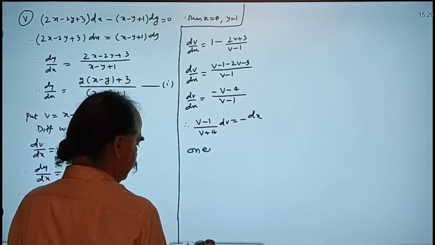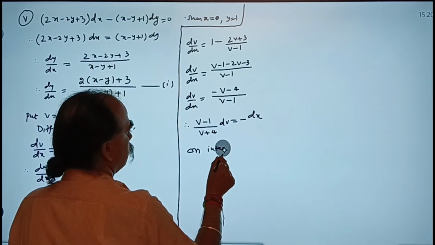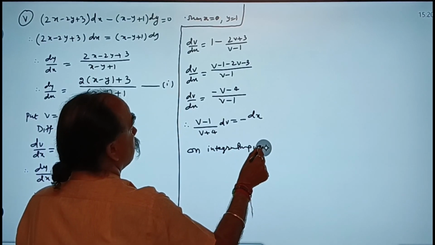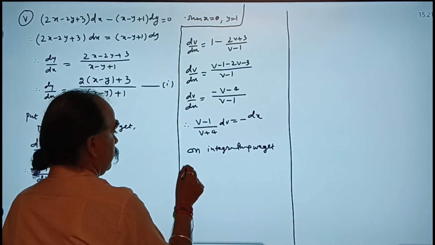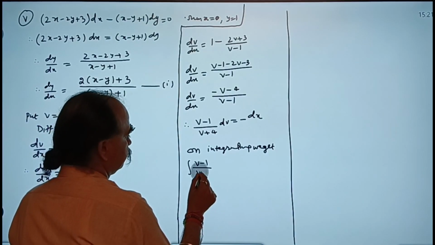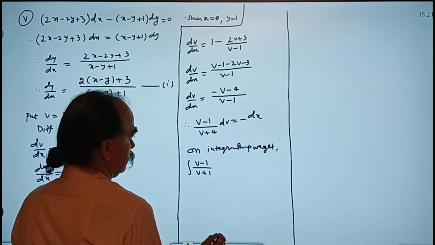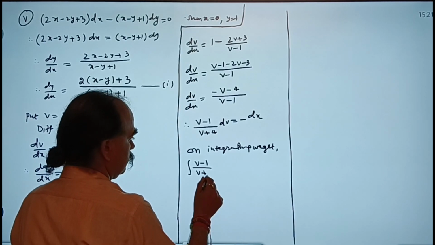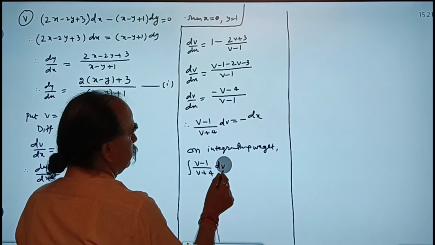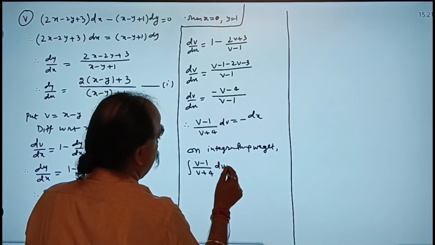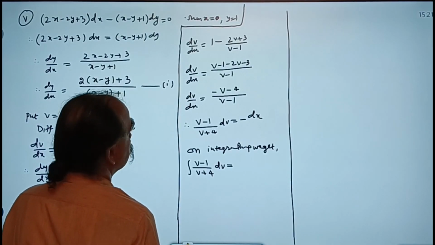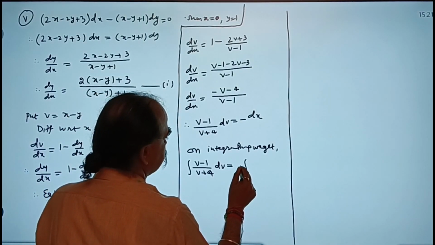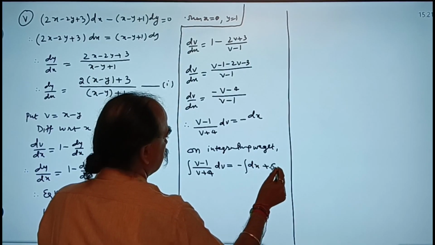On integrating we get integral v minus 1 upon v plus 4 dv is equal to minus integral dx plus c.